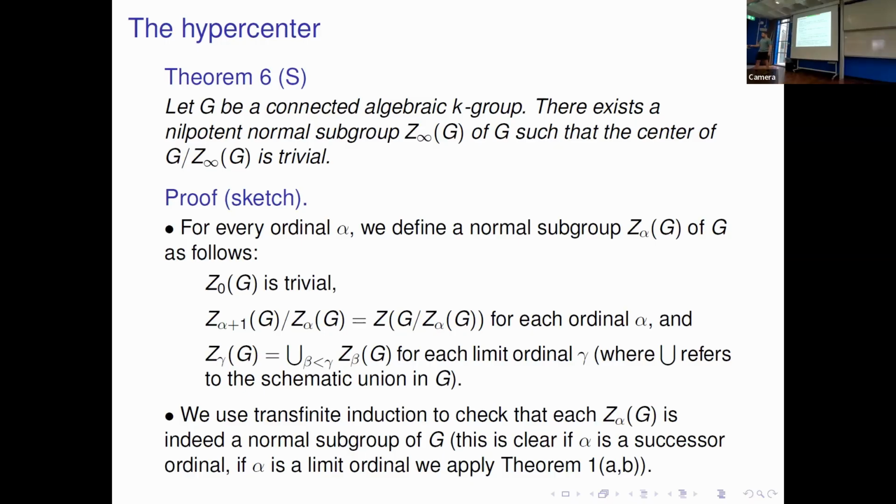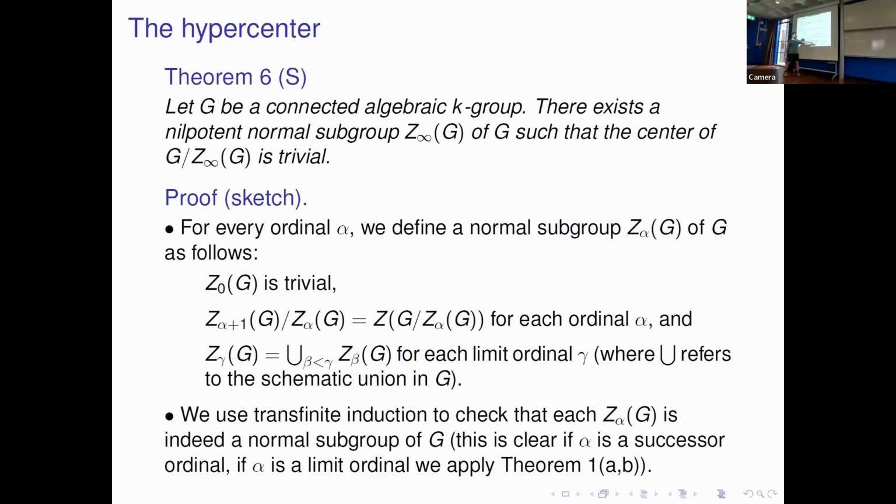Okay, so why does this definition make sense? We need these things to be normal. This condition is not difficult, because you're pulling back a normal subgroup under a quotient map, so it's again normal. But for the limit case, it's not immediately clear that it's a subgroup scheme, nor that it's normal. Luckily, we have that technical theorem, Theorem 1A, which tells us that precisely it is.